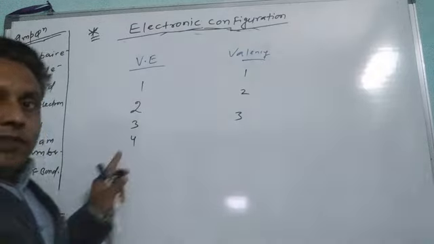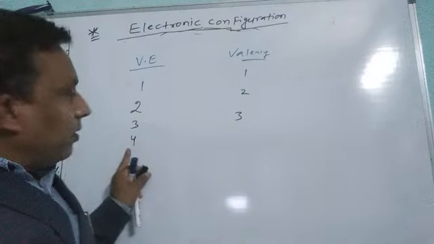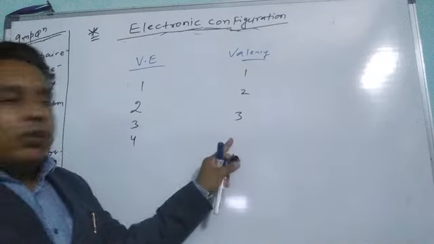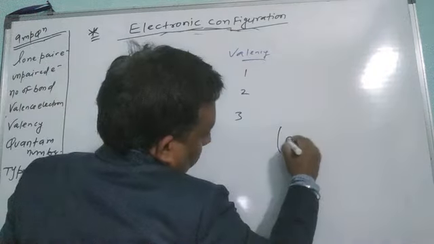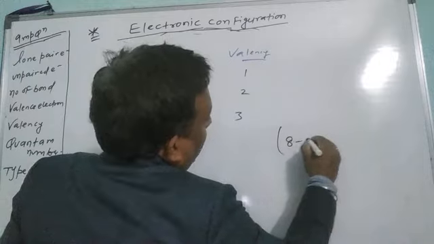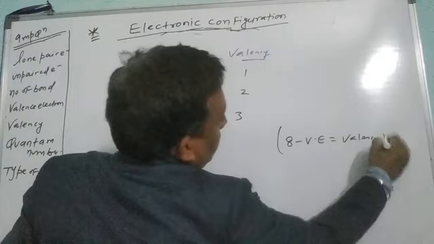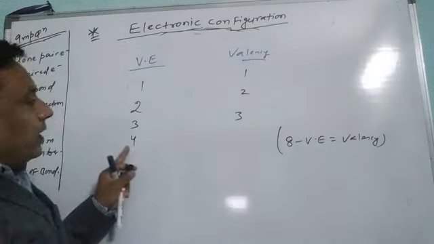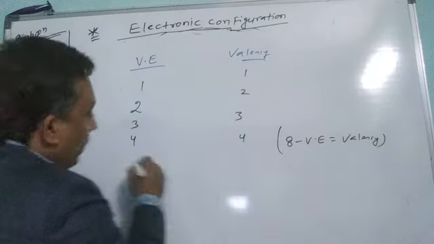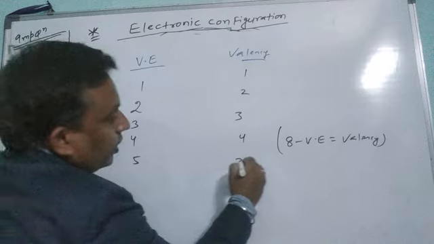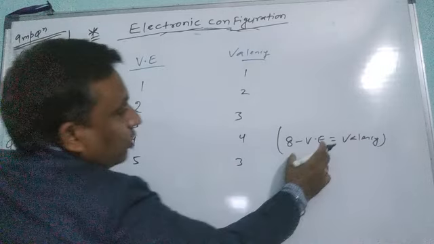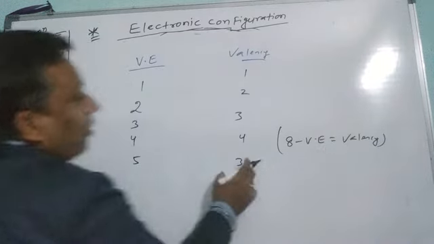If valence electron is 4 or more, then we calculate valency by the formula 8 minus valence electron is equal to valency. Valence electron 4, valency 4. Valence electron 5, valency 3. We put this value in this formula, then we find out the valency.